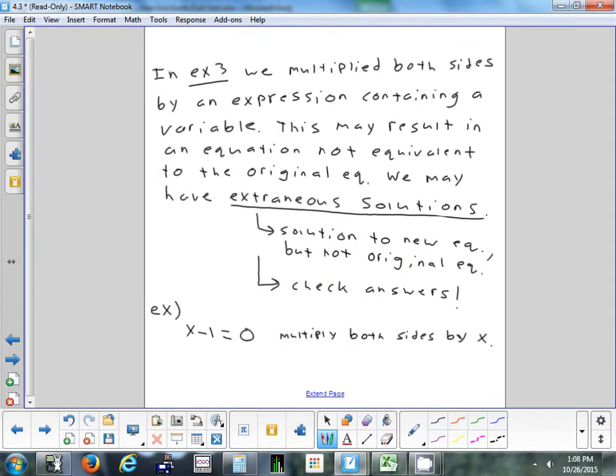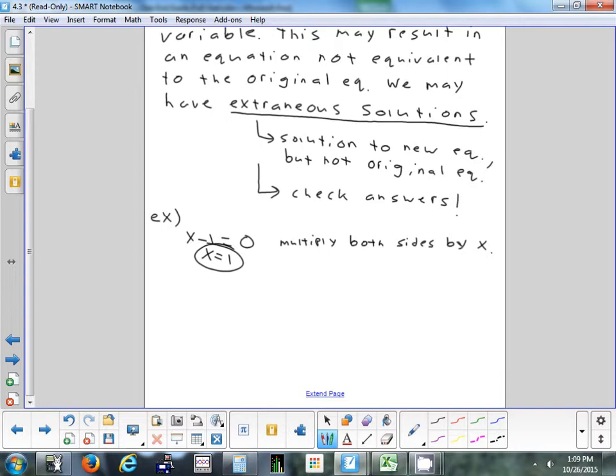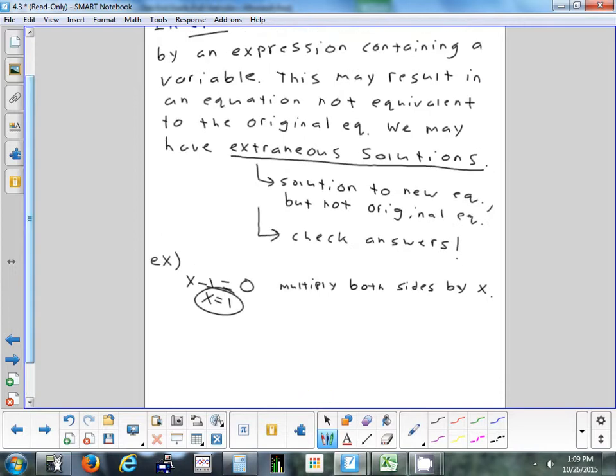Here's another example. The equation x minus 1 equals 0. What's the answer to x minus 1 equals 0? It's just x equals 1. That's the only solution. It's the only number you can subtract 1 from and get 0. But let's say I multiply both sides of that equation by x.